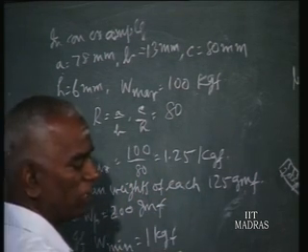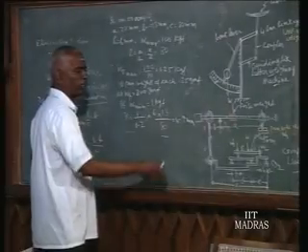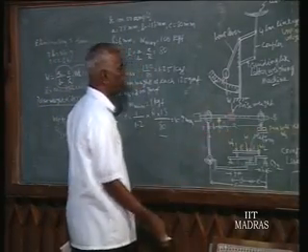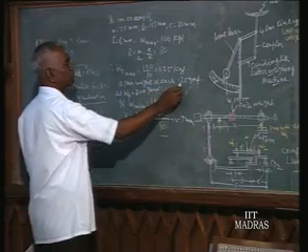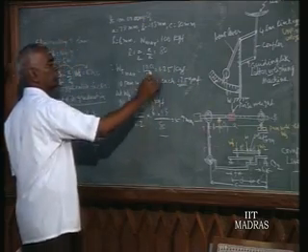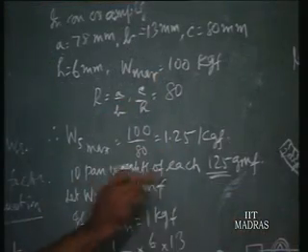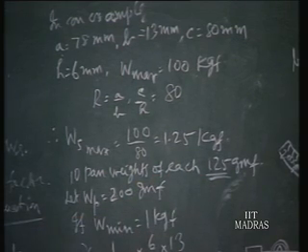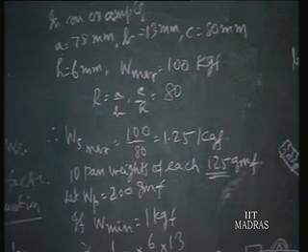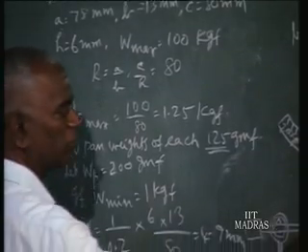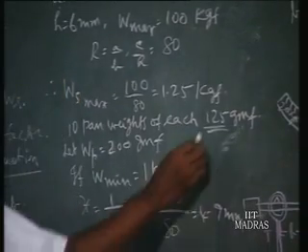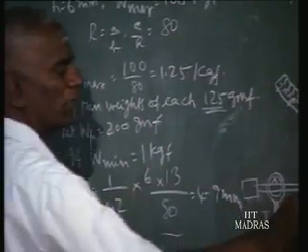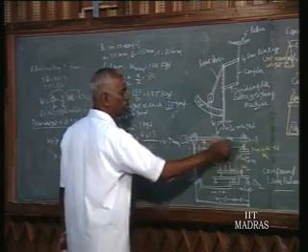Suppose for every 10 kilogram, we want to put one pan weight. Then each pan weight should be 1.25 by 10, that is 10 pan weights of equal weight, 125 gram. If that is the pan weight, then for the in-between measurement we should have a poise weight which should be a little larger than this one, so that it does not move over its movement.